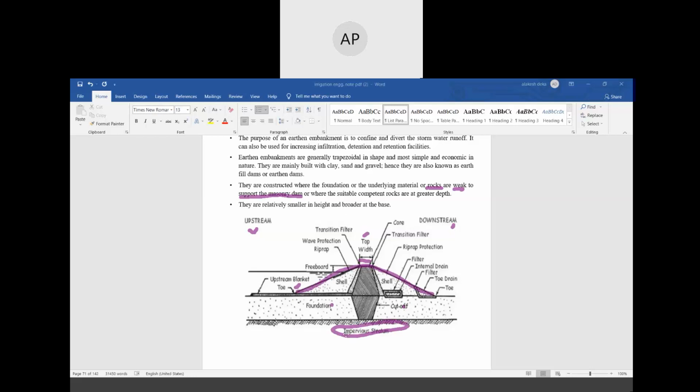These are the various parts: riprap, transition filter, internal drain, filter, toe drain, and toe. So this is the cross section of an earthen dam.